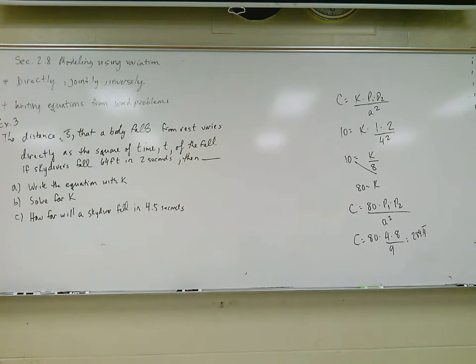You can do that one. Notice it's giving you your variables, and how they're related. I've given you some information where you can solve for K. So again, these are the steps. Write out your equation with your variables, then solve for the constant of proportionality, then find whatever it's asking you to find. Got it? Easy.